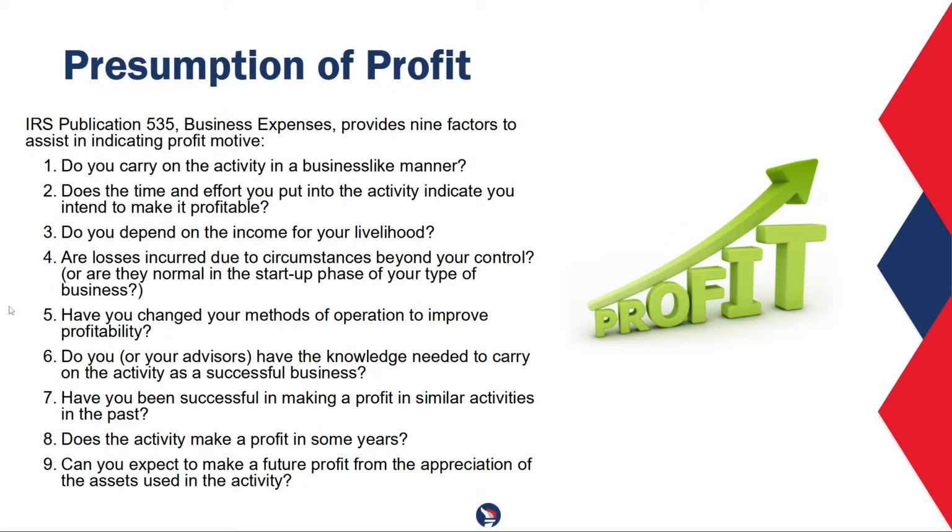Can you expect to make a future profit from the appreciation of assets used in the activity? Hey, I might be losing my shirt on the books because I've got a lot of items in depreciation, which we're not covering in this class, by the way. That's an entire chapter. But I got a lot of expenses just tied up in depreciation. Yeah, so when you're looking at the books, according to the IRS, I'm losing my shirt.